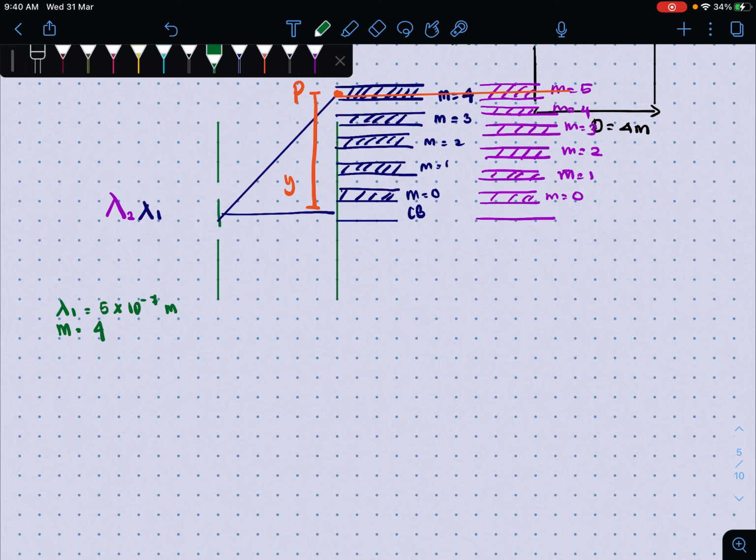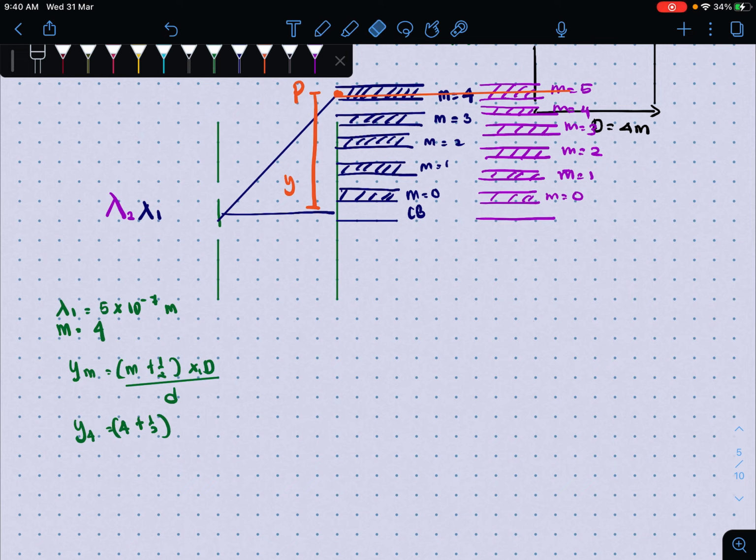So according to the Young's double slit destructive interference, Y4 is equals to, ataupun kita tulis general equation dulu, Ym is equals to (m plus half) lambda D over d kecil. So ini adalah Y4 is equals to (4 plus half), lambda saya adalah lambda 1.